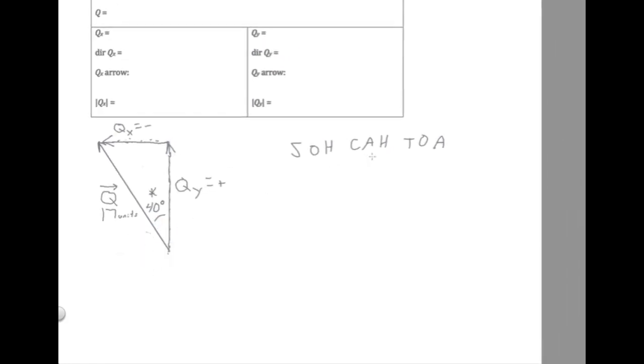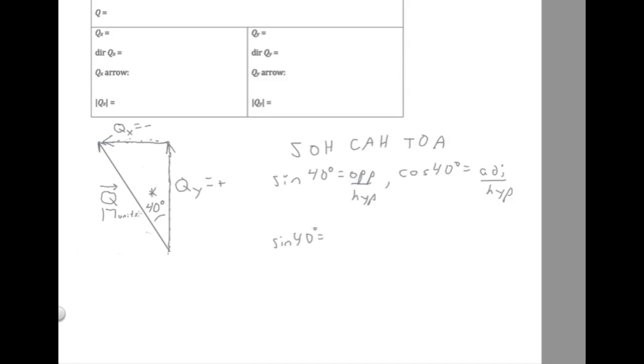So again, we're not going to use tangent, we're going to use sine and cosine because those allow us to use the hypotenuse. So we have that the sine of 40 degrees is equal to the length of the opposite side over the hypotenuse, and cosine of 40 degrees is the length of the adjacent side over the hypotenuse.